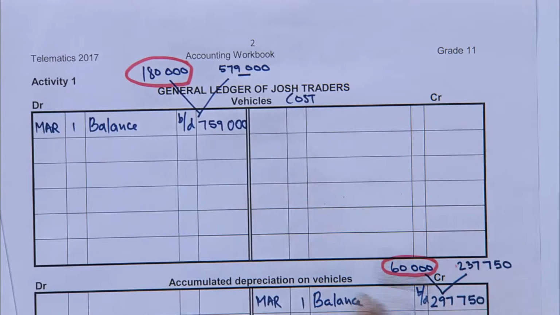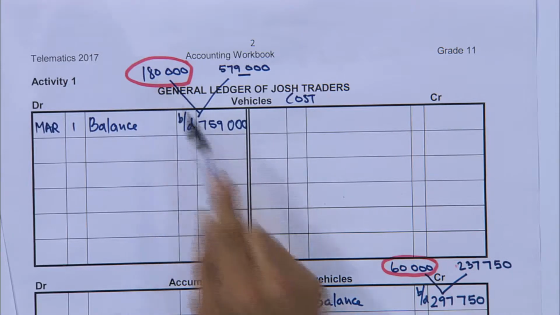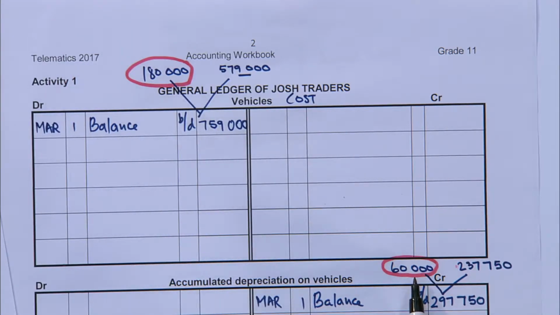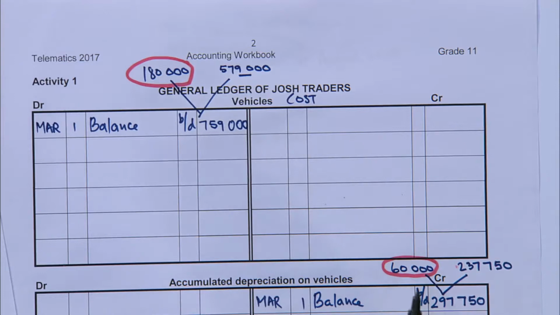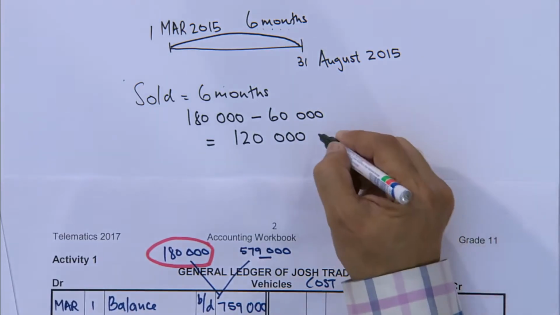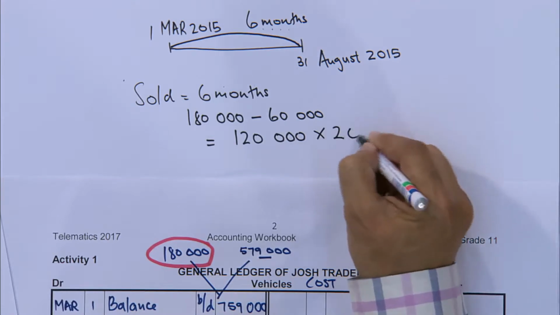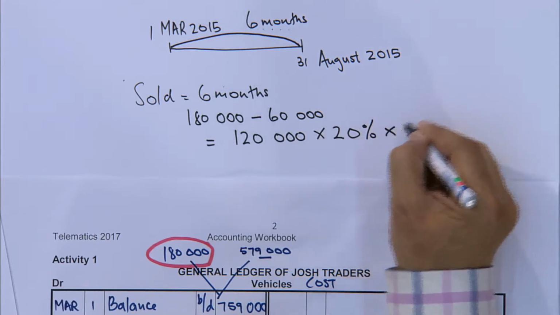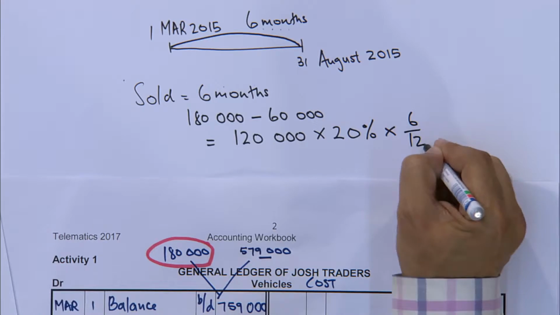Right, so that's the cost price minus the accumulated. So where do I get that? That's the cost price minus the accumulated. So 180 minus the 60 gives me 120,000. Multiply by 20%, multiply by 6 over 12.